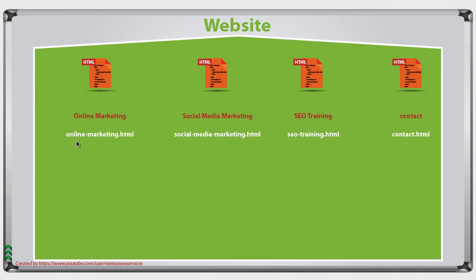Okay, let me give you an example. Let's say my landing page is called SEO dot php. It makes no difference, because web page, as in URL, is a URL as far as Google is concerned.